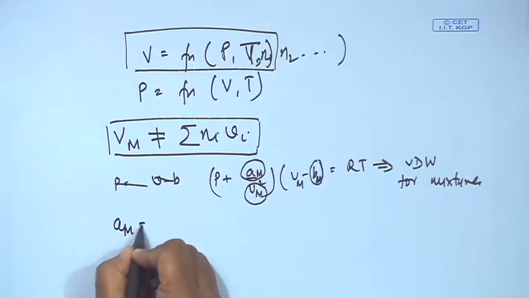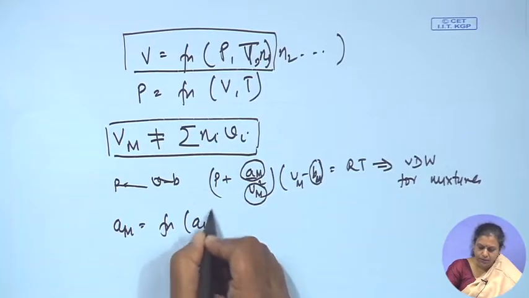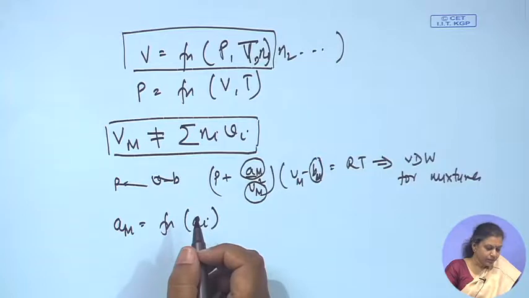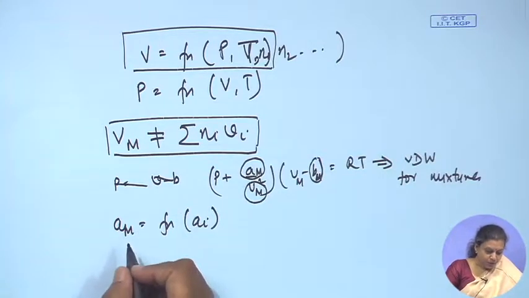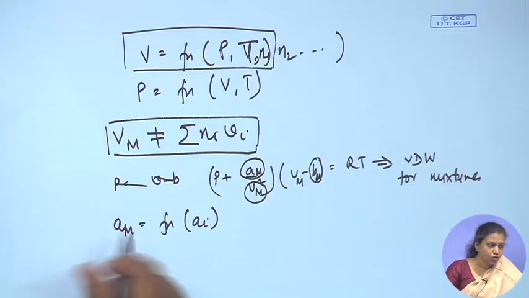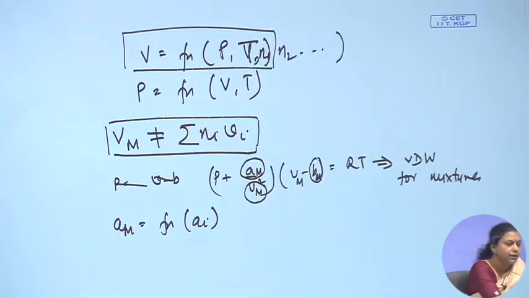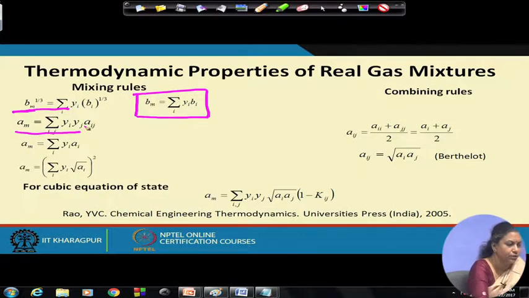So, it is very important to propose a proper relationship for finding Am in terms of the component A's. In this aspect, the most popular rule is written down here.